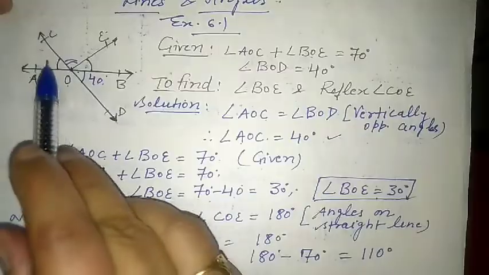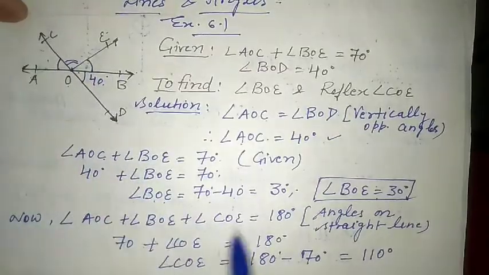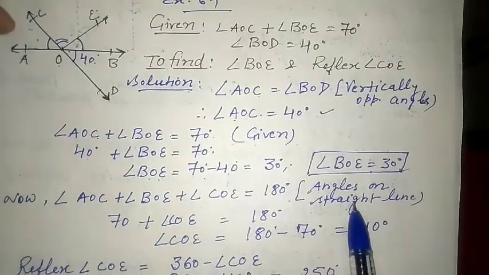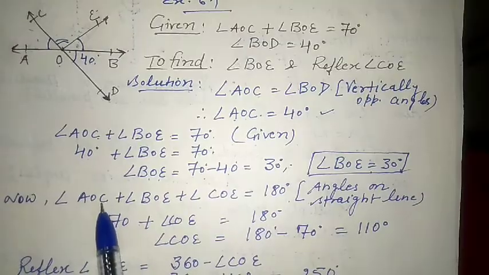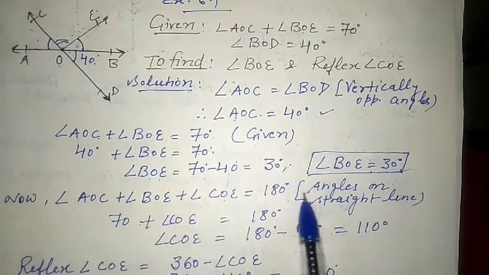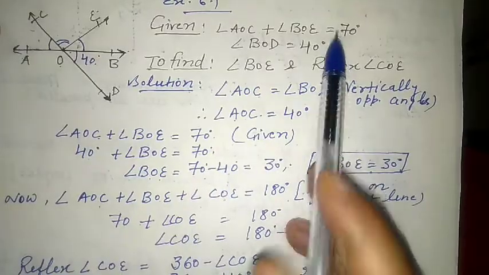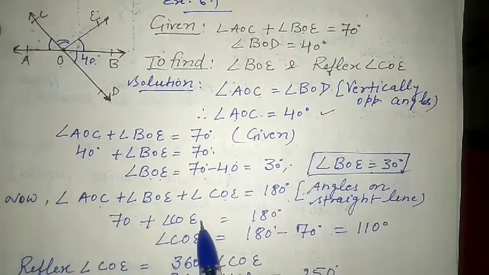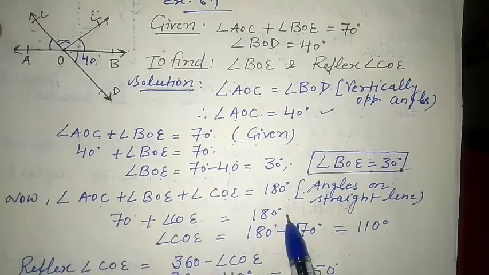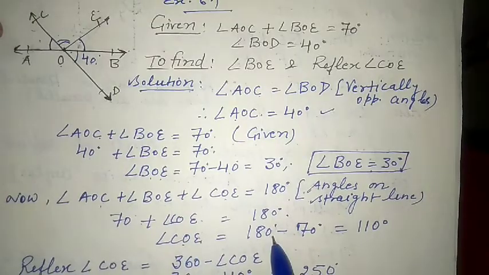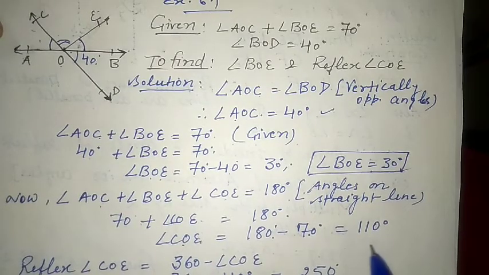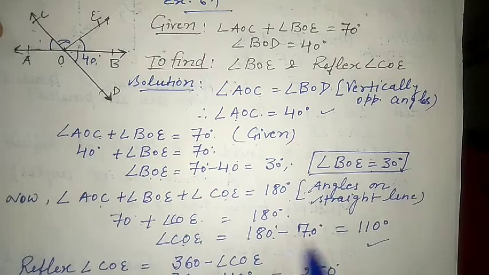All three angles are on a straight line, so their sum is equal to 180 degrees. We already discussed this. AOC plus BOE is given as 70 degrees. So angle COE is equal to 180 minus 70, that is 110.